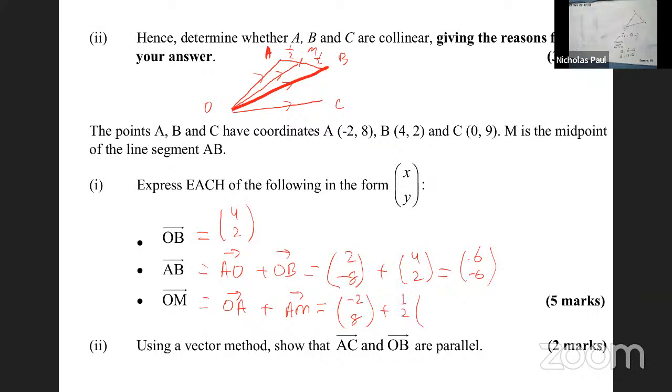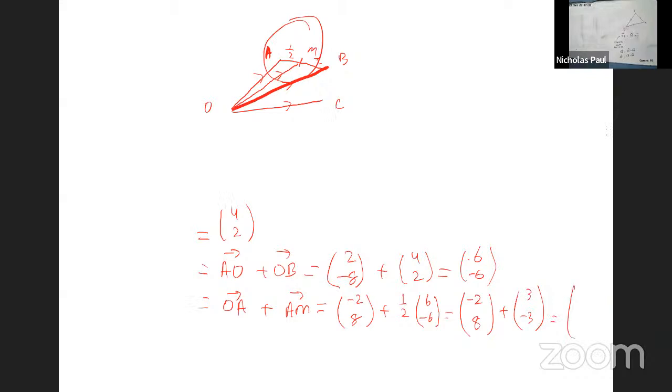That's why I put the half up here. AM is equal to half of AB. AB was 6, -6. So we'll get -2, 8 plus 3, -3. So the answer I have here is 1, 5.